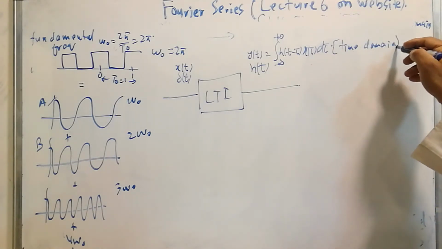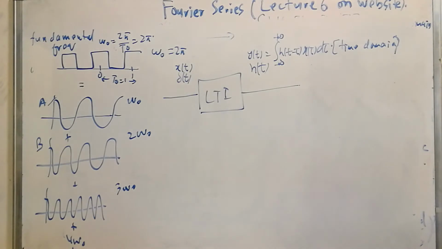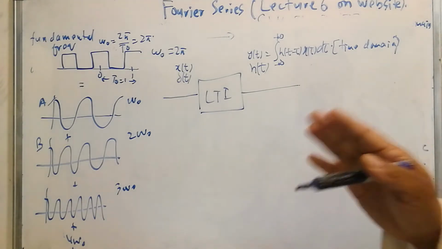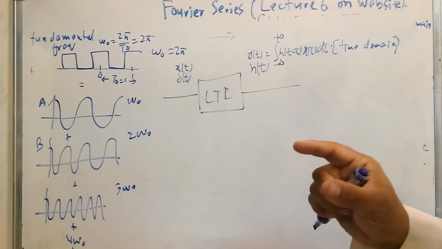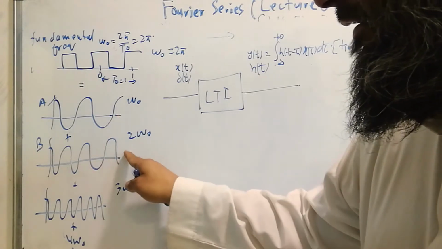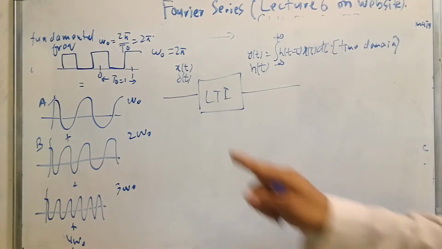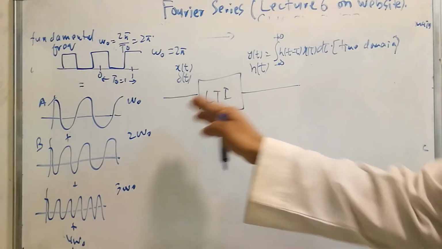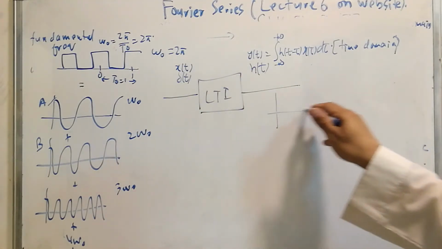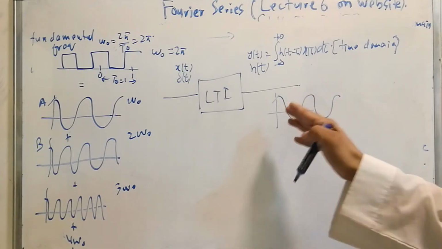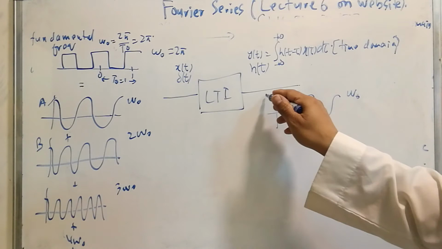Now in the Fourier series, in the Fourier domain or the frequency domain, we know that it is much easier to find the output of a sine or a cosine signal. So if I have a cosine or a sine signal with a frequency, the output will also be the same frequency, but with a different amplitude.